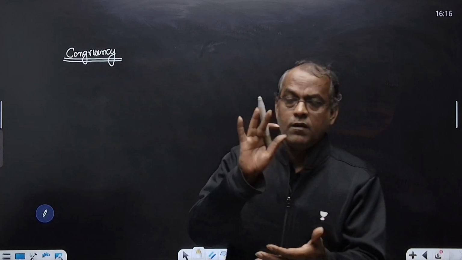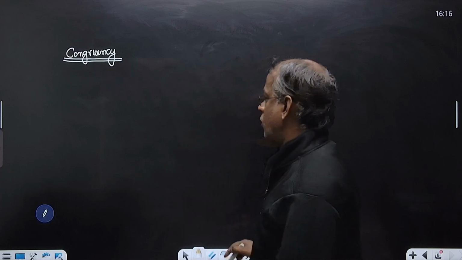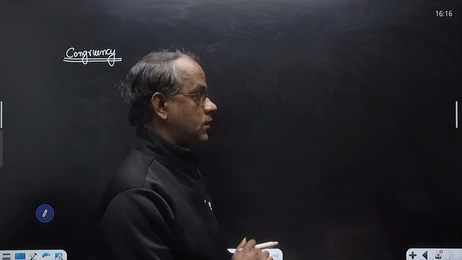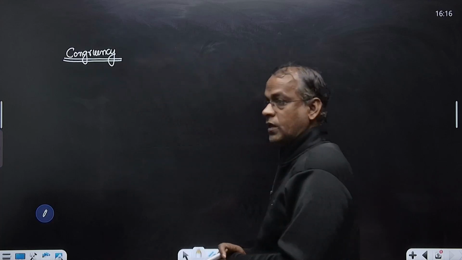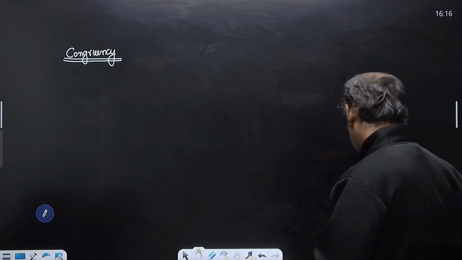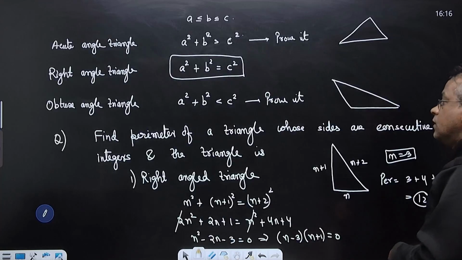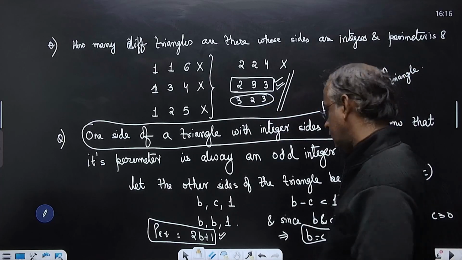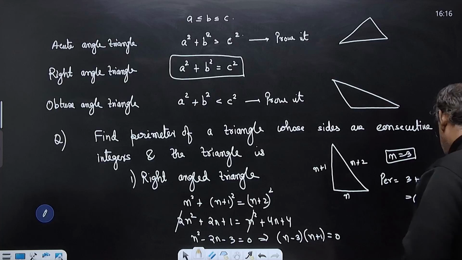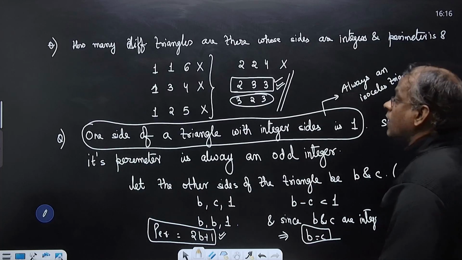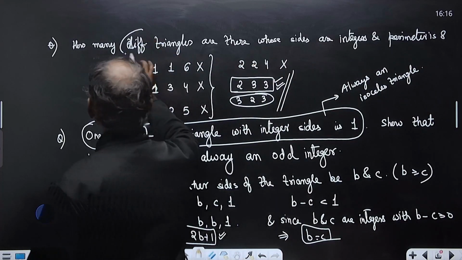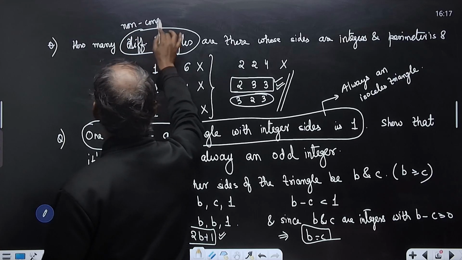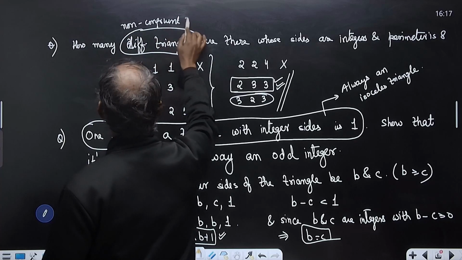If one figure can be superimposed upon the other, then they are called congruent figures. So two triangles being congruent means they are one and the same triangle. Rather than saying different triangles, the general word used is non-congruent triangles.